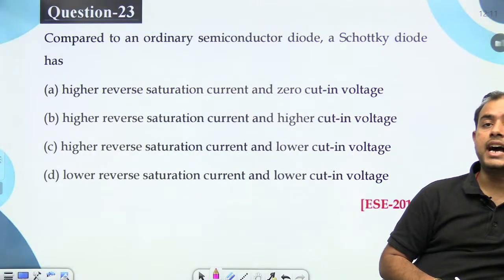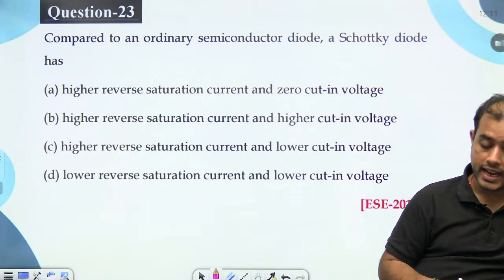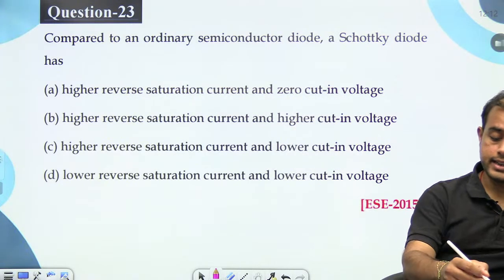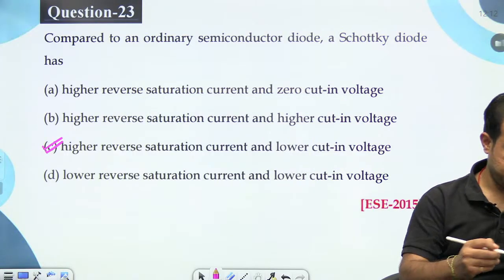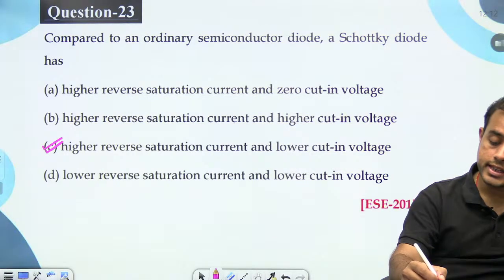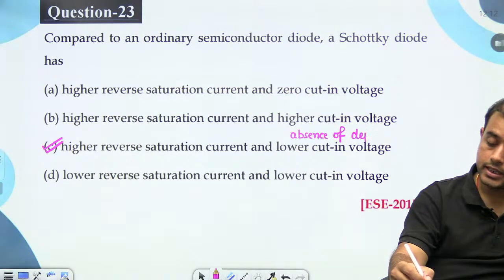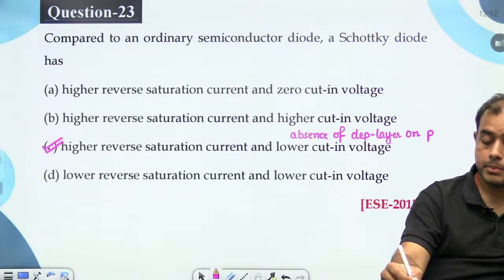Compared to an ordinary diode, a Schottky diode has lower cut-in voltage and higher reverse saturation current. Why lower cut-in voltage? Because of absence of depletion layer on P side. P side is now replaced by metal.